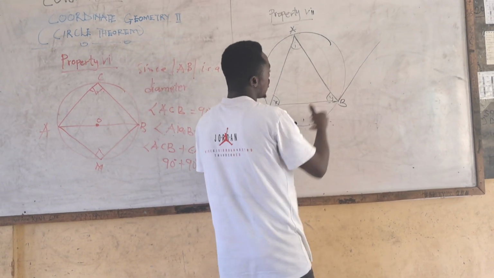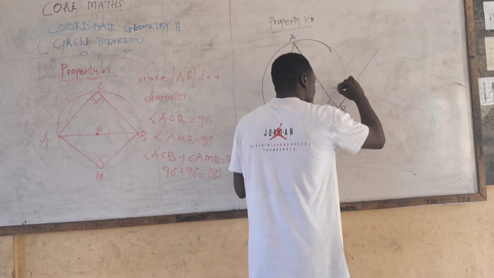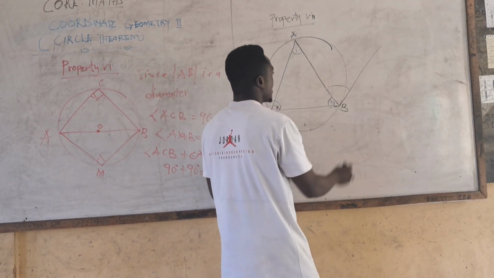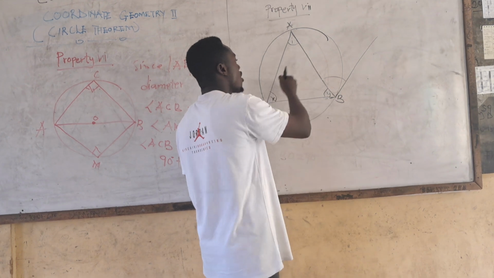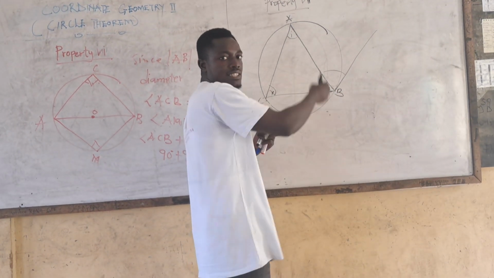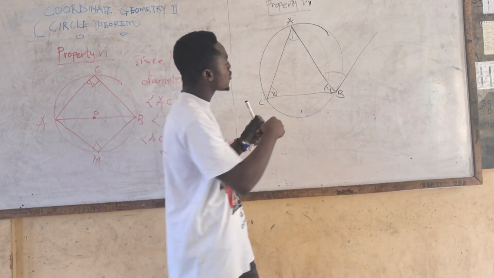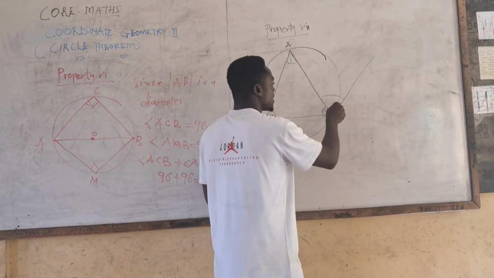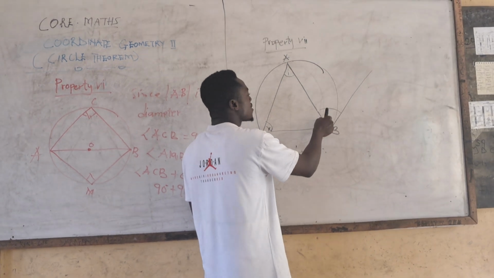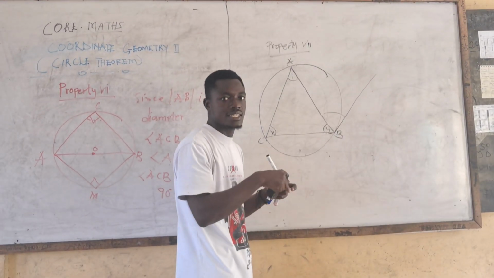So the angle this chord and the tangent sustain is equal to the angle the chord is forming at the alternate segment.